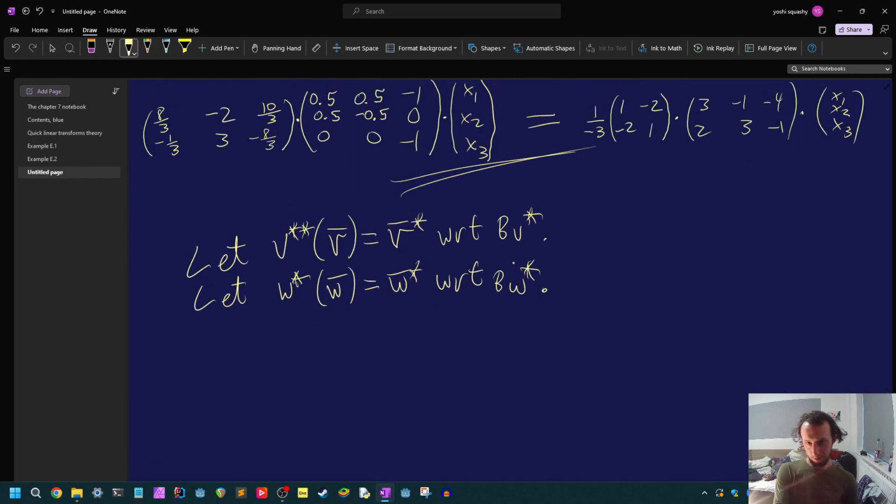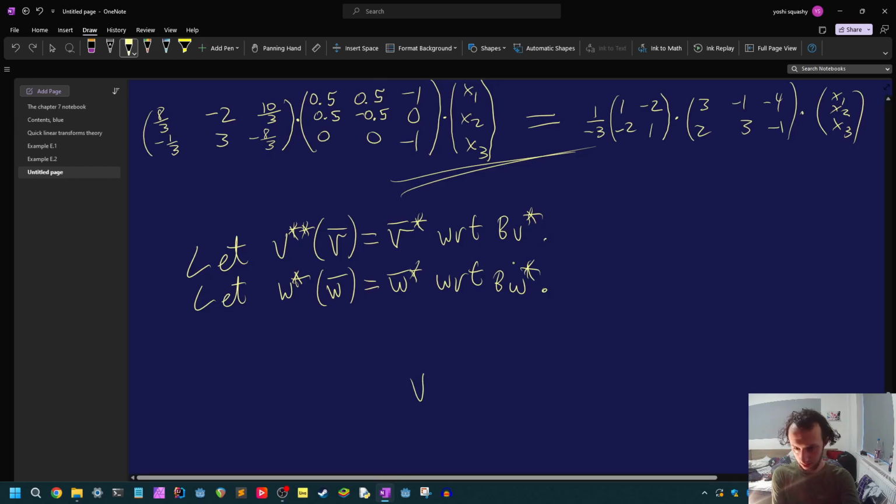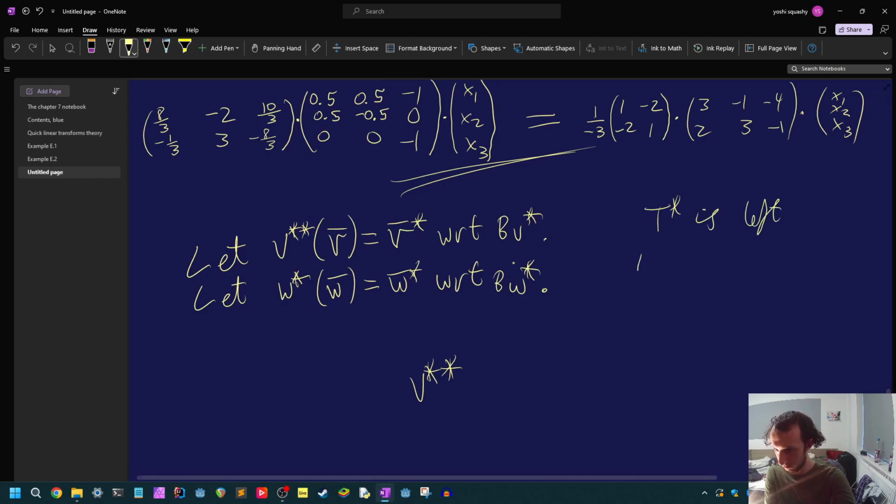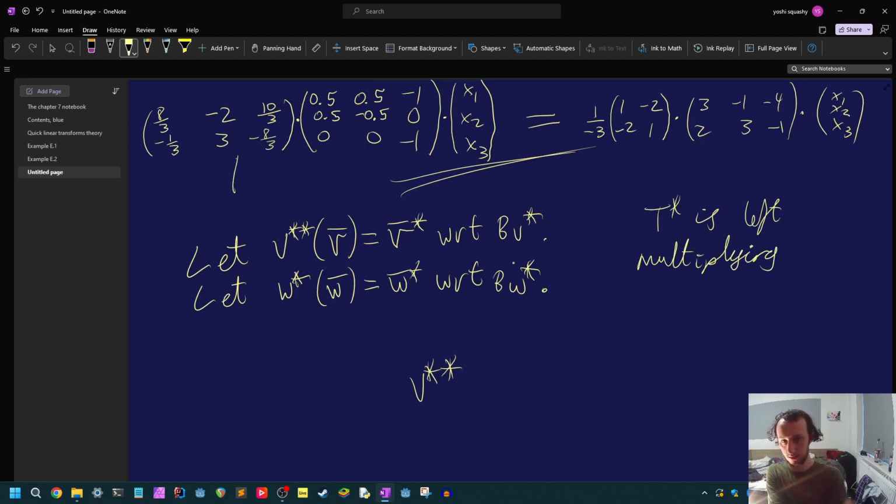Okay, and then what we're doing here is we're first of all applying V double star, and we'll say the process of multiplying by a transform matrix is T star is left multiplying, because in matrices you have to say if you're left or right multiplying, so it's on the left, right?